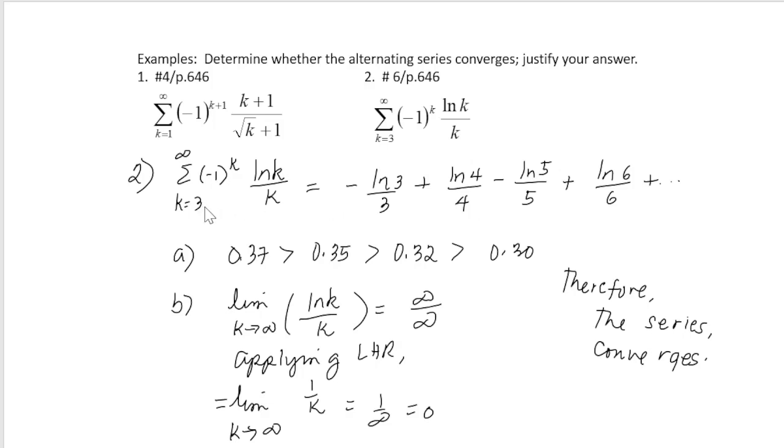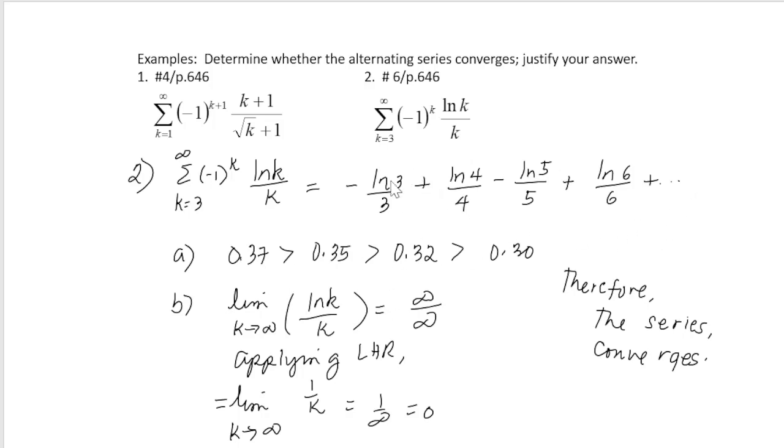Plus, if k is 5, then you have negative 1 to the fifth power is negative, then natural log of 5 all over 5, plus if k is 6, then negative 1 to the 6 is positive, times natural log of 6 all over 6, plus and so on and so forth.